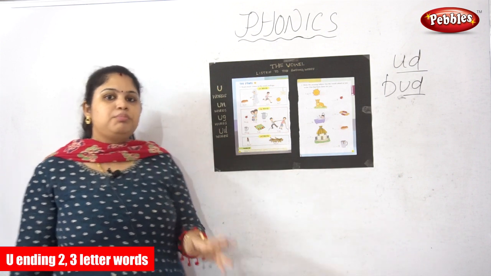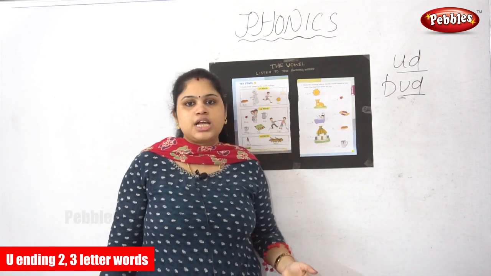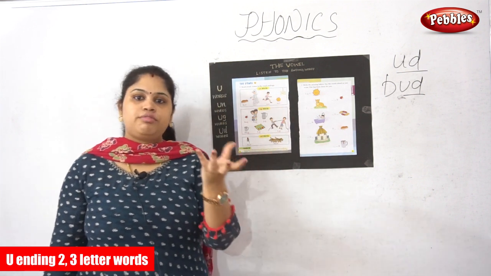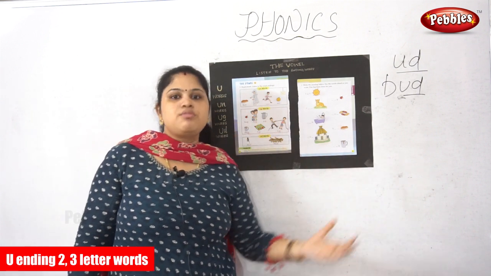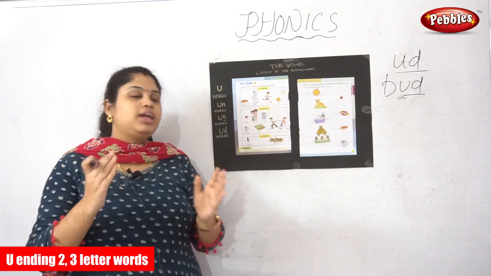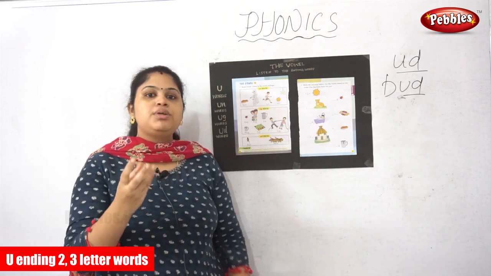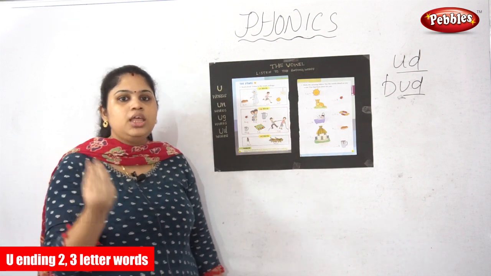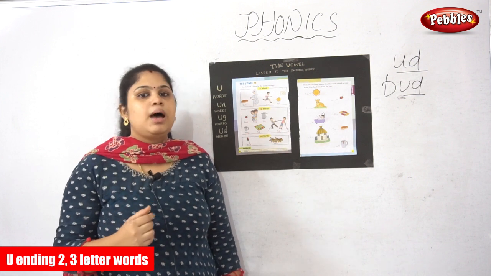A bud is the stage before flowering. The stage before a flower is called a bud. It has a different meaning also. A bud is not used only for flowers. Anything that is smaller in shape can be called a bud.